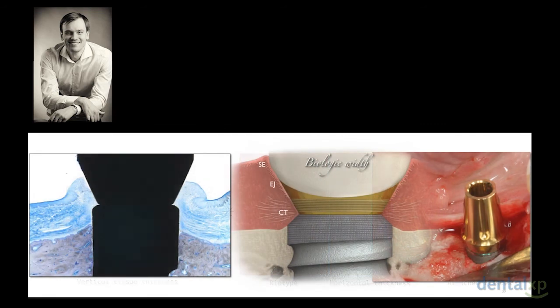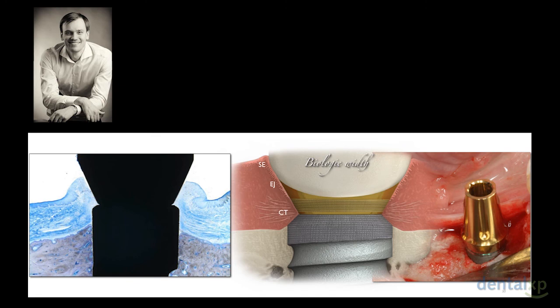Well, so why is this crestal or vertical soft tissue thickness important? It is important because it is part of the biological width around implants. I should say more precisely not the part, but from this vertical soft tissue, the biological width around implants is formed.